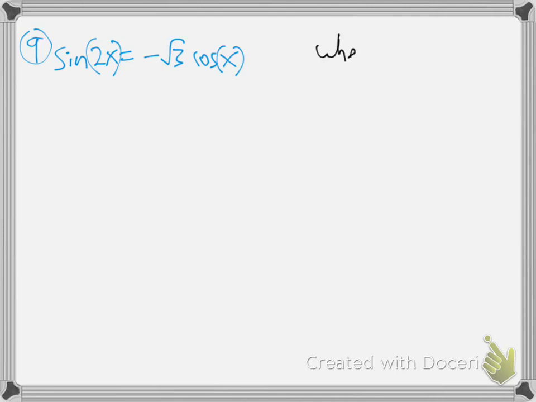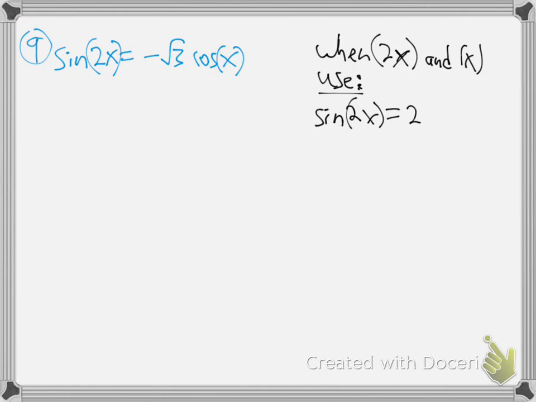So when you have 2x and regular x, what are you going to use? Double angle formula. Remember from Thursday? Sine 2x is 2 sine x cosine x.